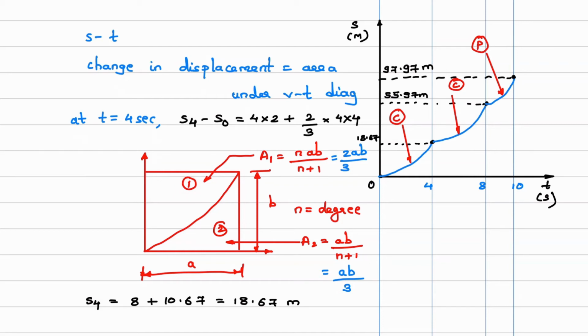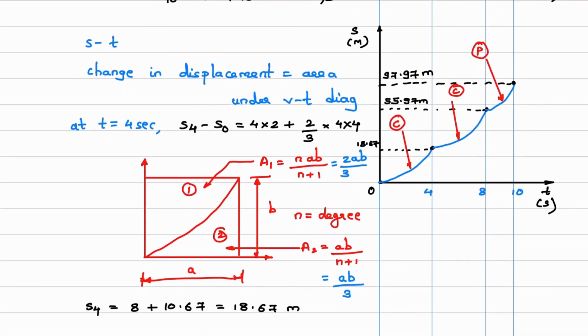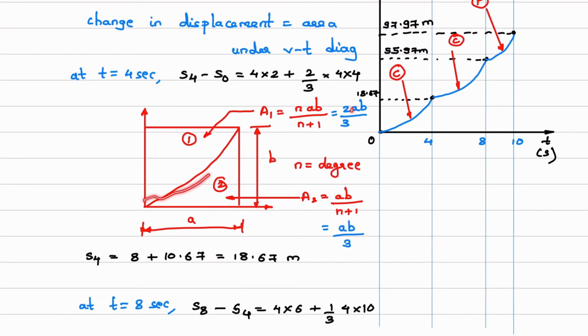It will be n AB upon n plus 1, and area 2 will be AB upon n plus 1, where n is the degree, and for a parabola the degree is 2. So we calculated this area. The area inside the curve will be 2/3 of AB, and the part outside will be AB by 3.